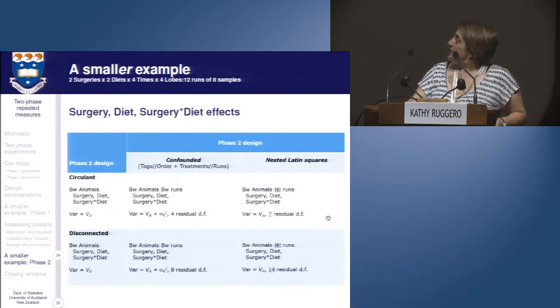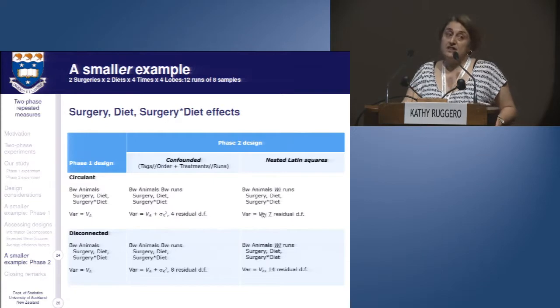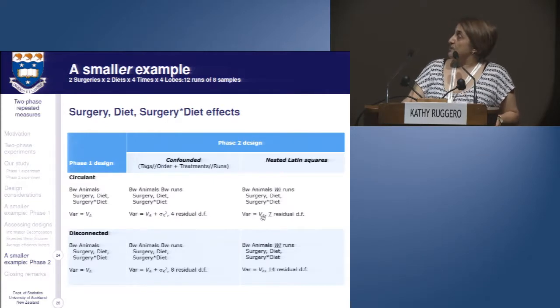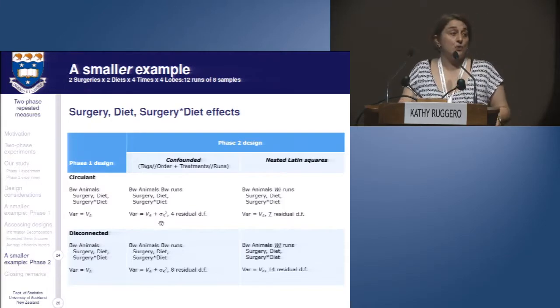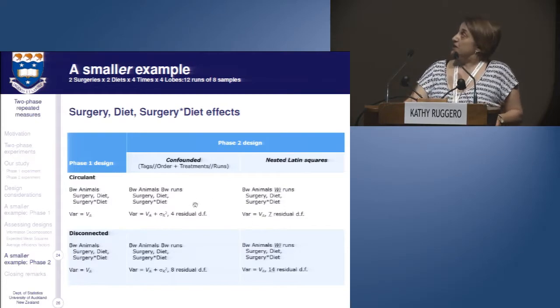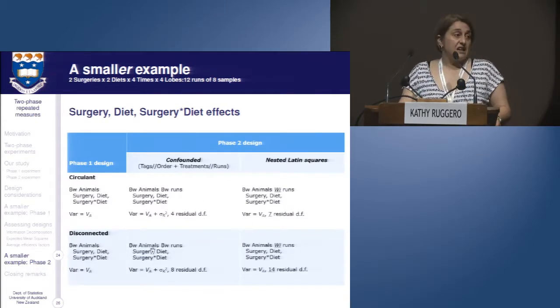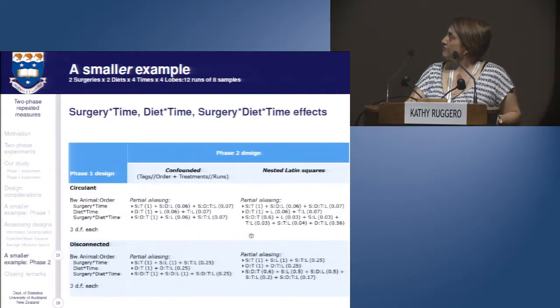In addition, we see that our variances remain the same if we use this nested Latin square, so we're estimating the variance with almost the same efficiency, whereas here we've got confounding with runs and we've got this additional noise due to the run variance component. So we really do need to worry about how we allocate our samples from phase 1 to our phase 2 experiment.